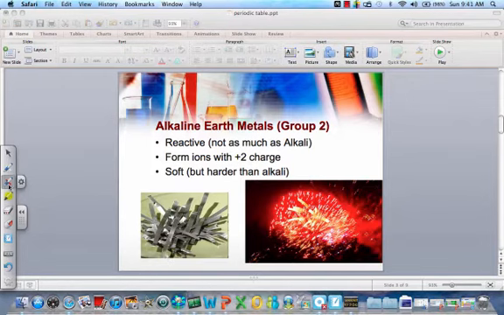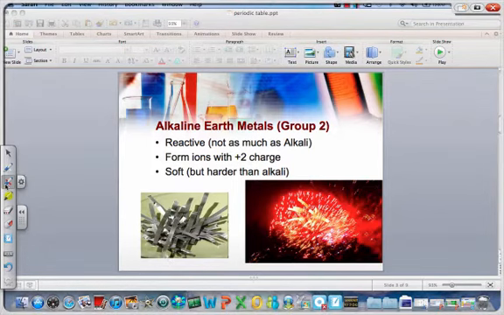So all of these end in s2 in the electron configuration, so they will lose those 2 electrons to become stable and have a +2 charge. They're soft, but they're harder than the alkali metals, and we will work a lot with things like magnesium.